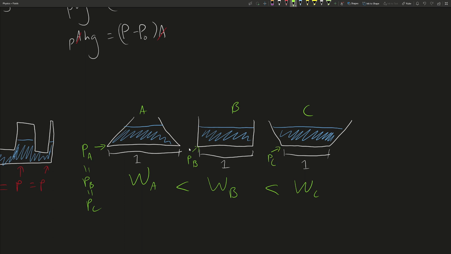Now, if the pressure at the bottom is the same and this area is the same, then you might think, how can the weights be different?